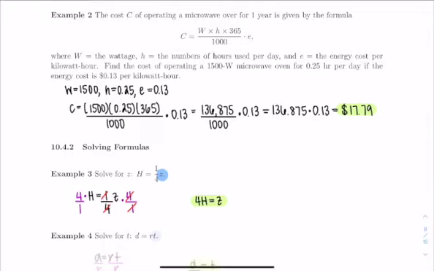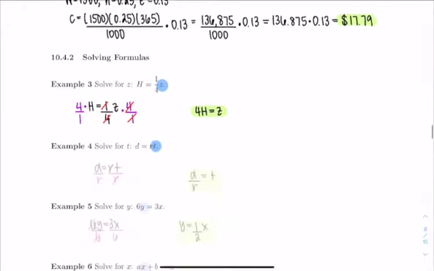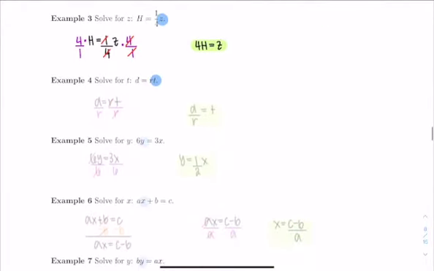What about solving for t when d is equal to rt? So t needs to be by itself. To undo the multiplication, we can divide both sides by r to get t by itself. The r's end up canceling, and we get that d over r is equal to t.